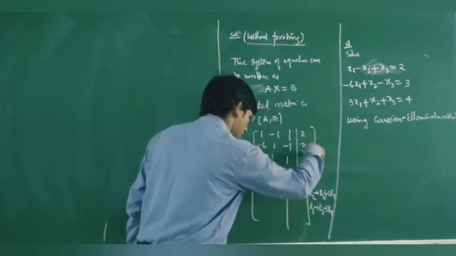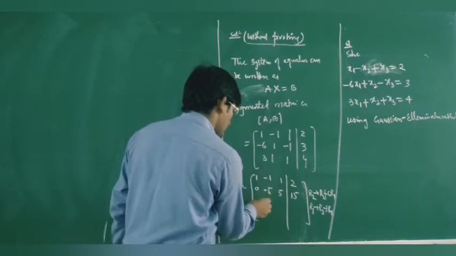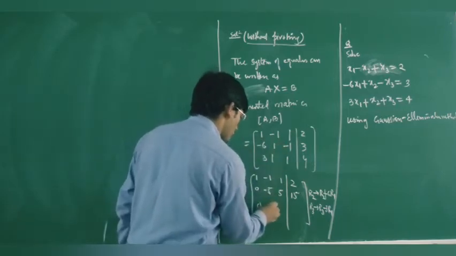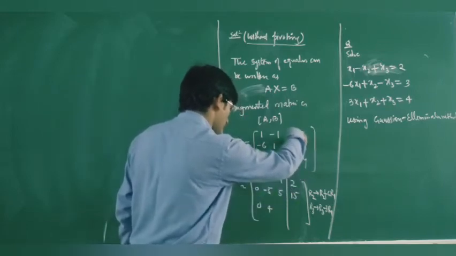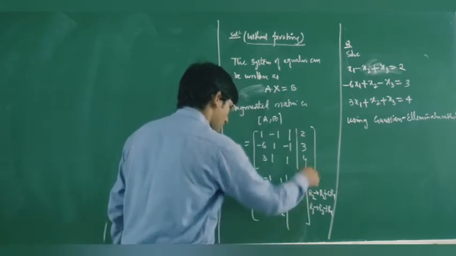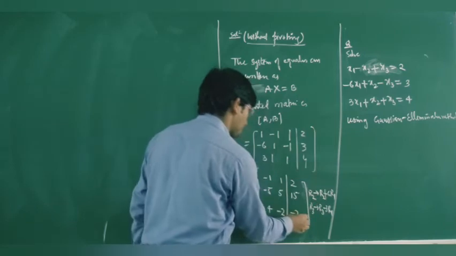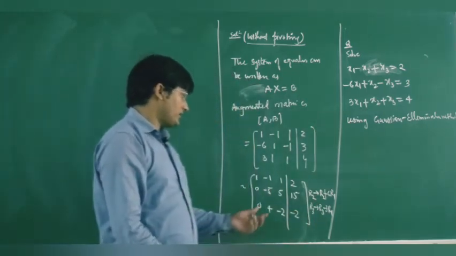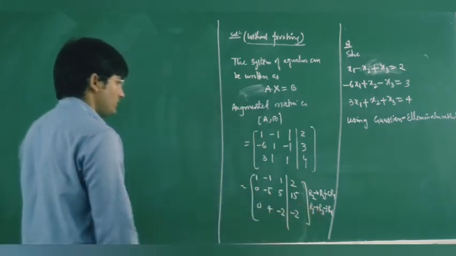Now this 3 plus this 12 will give you 15, and now this is your 0. Again 1 plus 3 will give you 4. Here we will have 1 minus 3, so this will give you minus 2. Now here we will have 4 minus 6, so this will be your minus 2. Okay, so this is your augmented matrix after one time of these row operations.